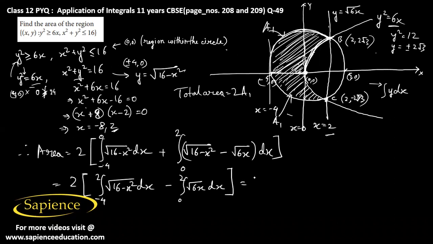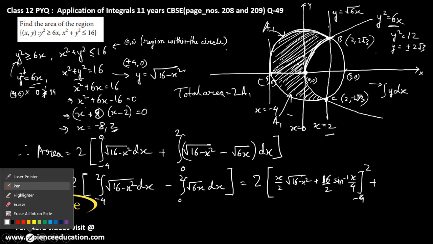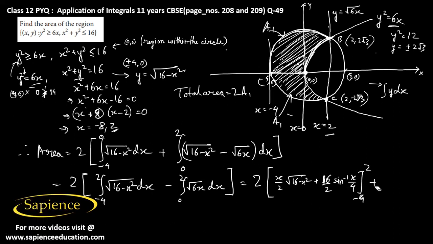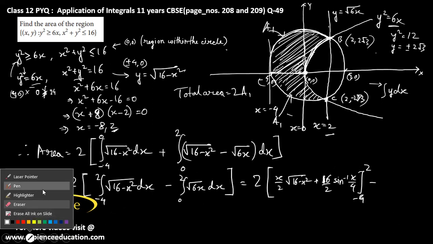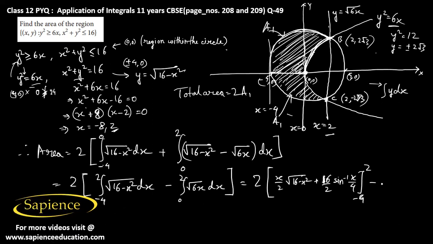So that will be equal to 2 times x by 2 root over 16 minus x squared plus 16 by 2 sine inverse x by 4, and that will go from -4 to 2, minus 2 root 6 times the integral from 0 to 2 of root x dx, that we can do.